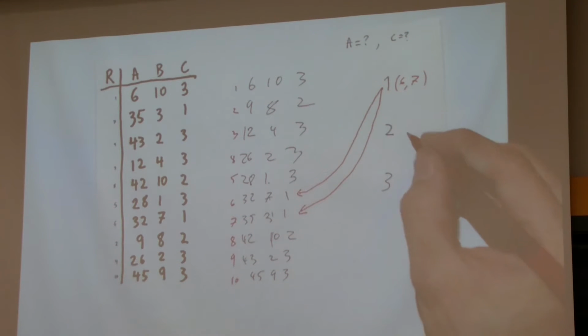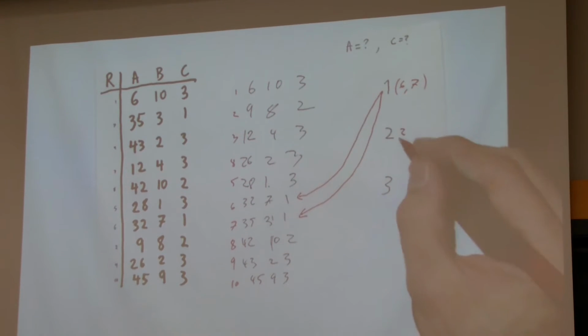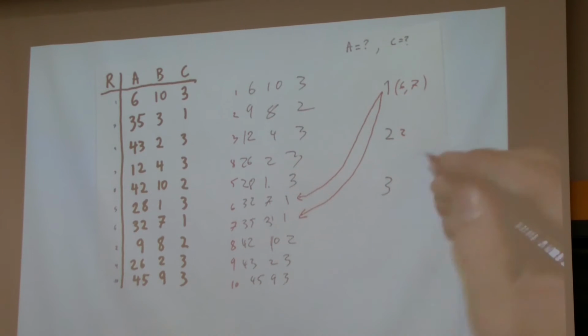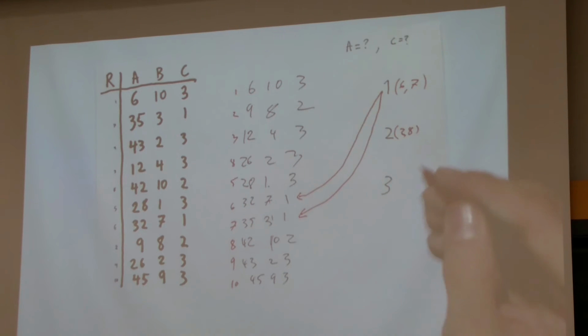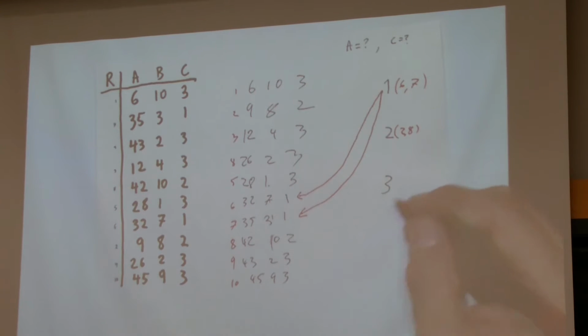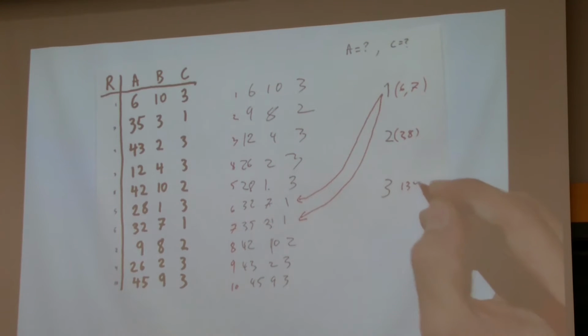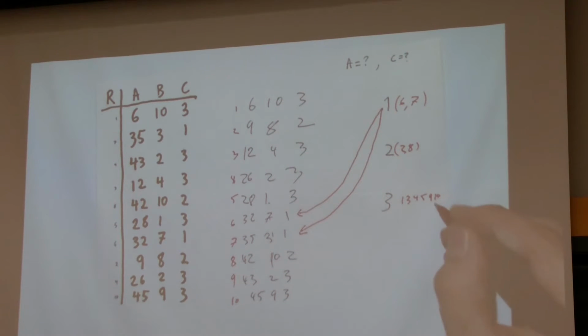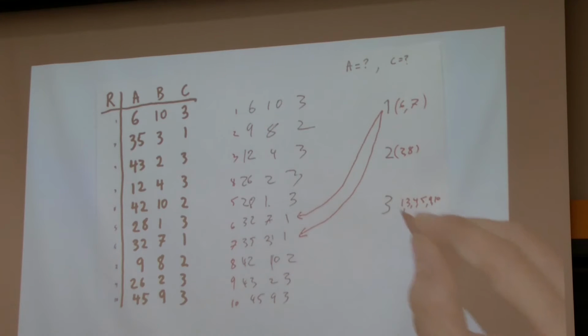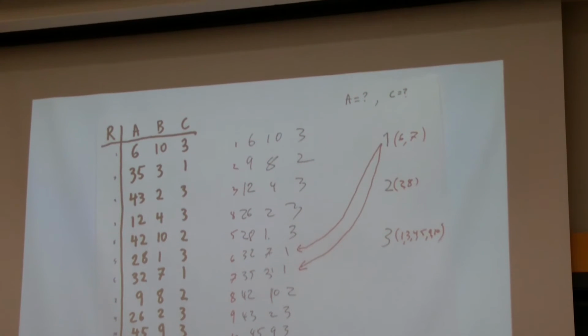Same thing for 2 and 3. So I could say record 2 has a 2, record 8 has a 2, and that's it. And here I could say records 1, 3, 4, 5, 9, and 10 all have 3s.